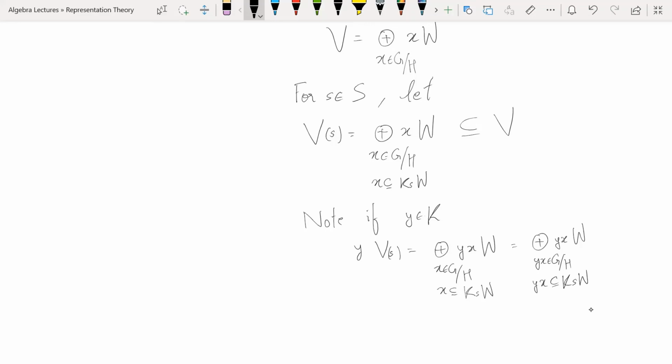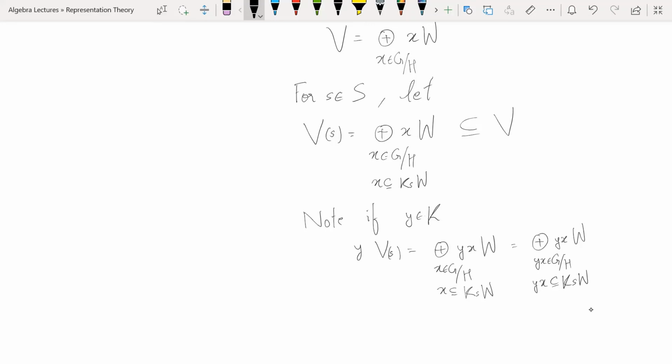So xW makes sense for any left coset as well, so this notation is not bad. yx is also a left coset, so yxW also makes sense.